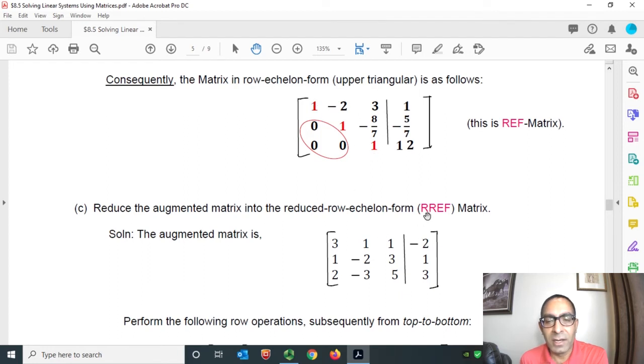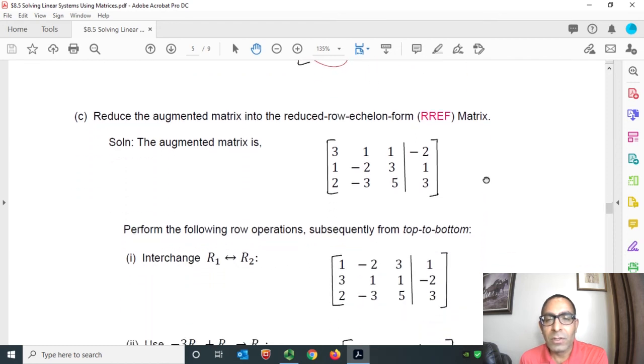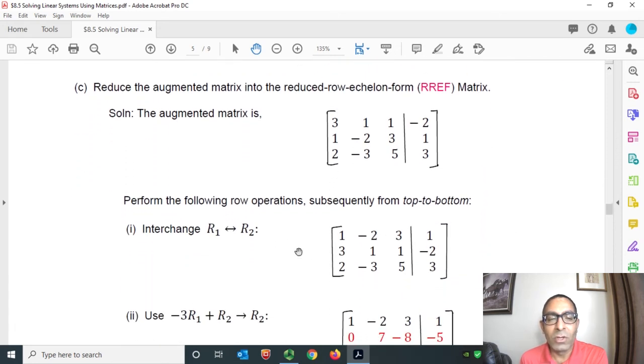Again, in RREF we want these diagonal entries 1s and all other entries 0s in the coefficient matrix of the augmented matrix. So now let's perform the following row operations subsequently from top to bottom.